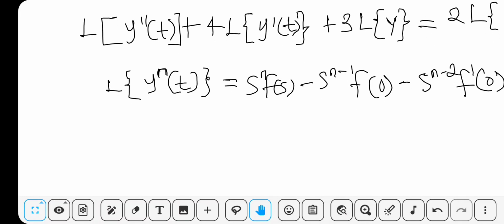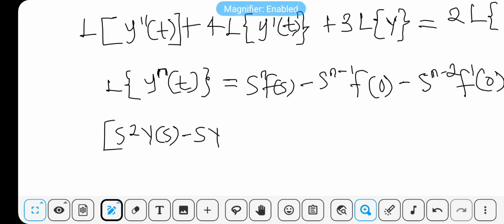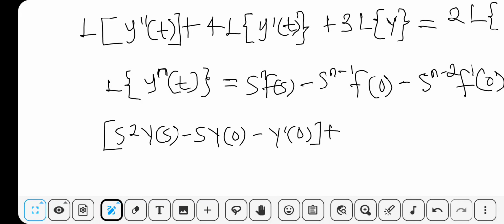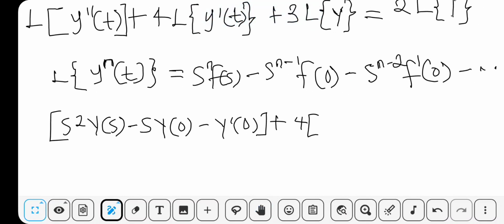So we can apply this. If I apply this here, we are going to get s squared Y of s minus s y of 0 minus y prime of 0, plus 4 times the Laplace transform of y prime of t, which is s Y of s minus y of 0.